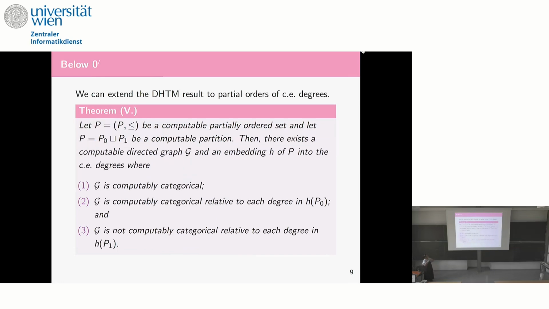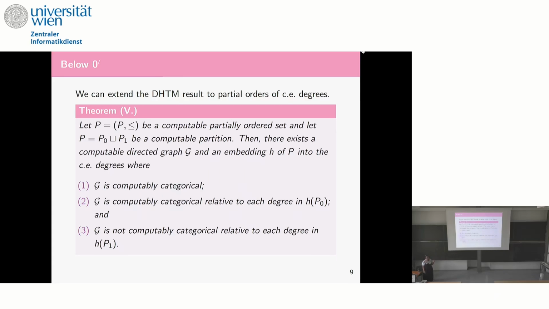It's not just an increasing linear order of CE degrees that can witness this behavior. It can be any partial orders. It can be partial orders of CE degrees as well. So here I say let P be some computable poset and let P be computably partitioned into P0, P1.